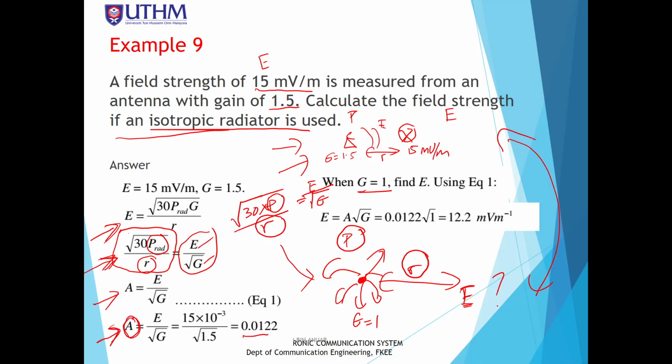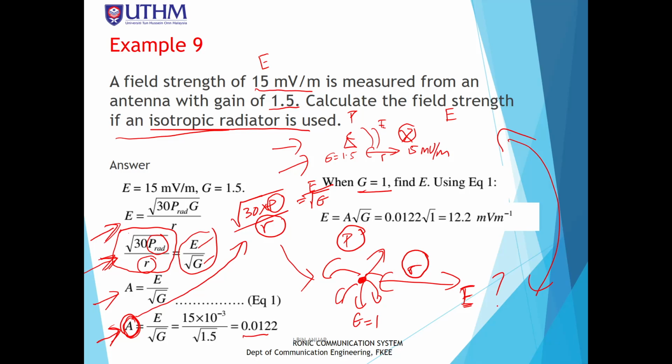A will be the constant value regardless of the antenna, because A is actually represented by square root of 30 times P divided over R. So A is a constant parameter.